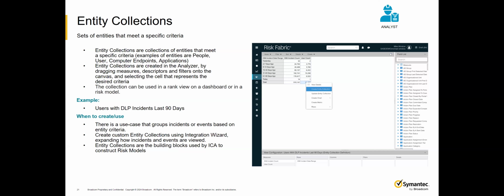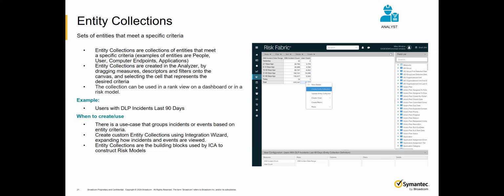You can also use them in risk models, so tie a particular container of people, users, computers into these types of risks. There's not too much to them, but it's important to know that these are there and that you need to create them to use in those risk models and scenarios.